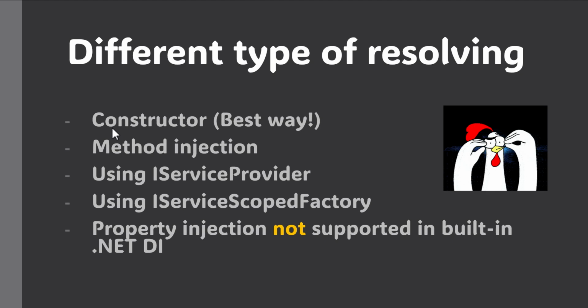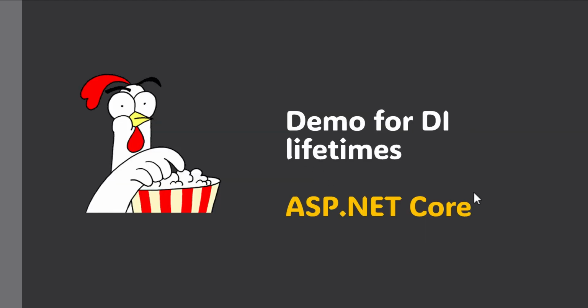Another one that exists is IServiceScopeFactory, which is a lighter one compared to the service provider. It is recommended to use this one. We have another one in general in dependency injection called property injection, which is not supported in the built-in .NET DI. So now let's go and see the code in the ASP.NET Core API.